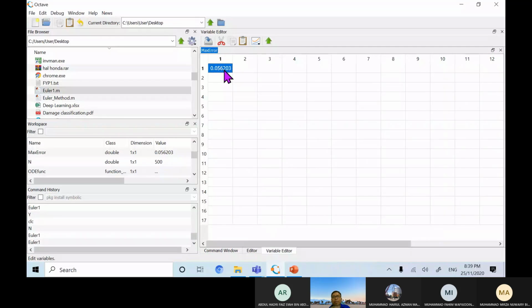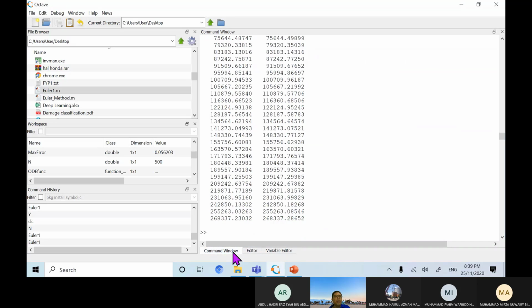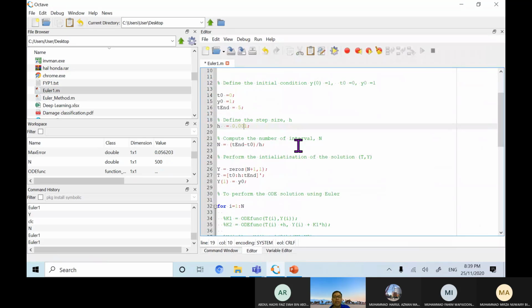Very small. Berbanding dengan Euler tadi, jangan haraplah nak dapat macam ni secepat ni. You punya H tu kena 0.00001, barulah dapat 0.06. Yang ini you cuma guna 0.01 je. Quite large H value, tetapi dia punya error superb. Imagine kalau saya kecilkan lagi, confirm dia akan lebih halus lagi dia punya accuracy.